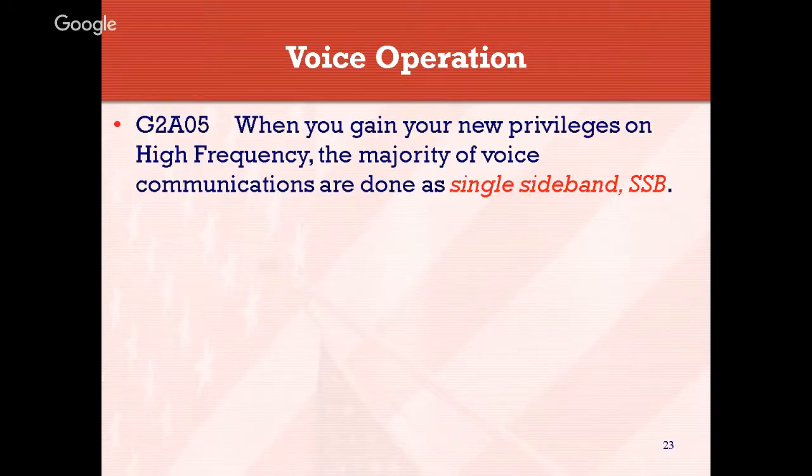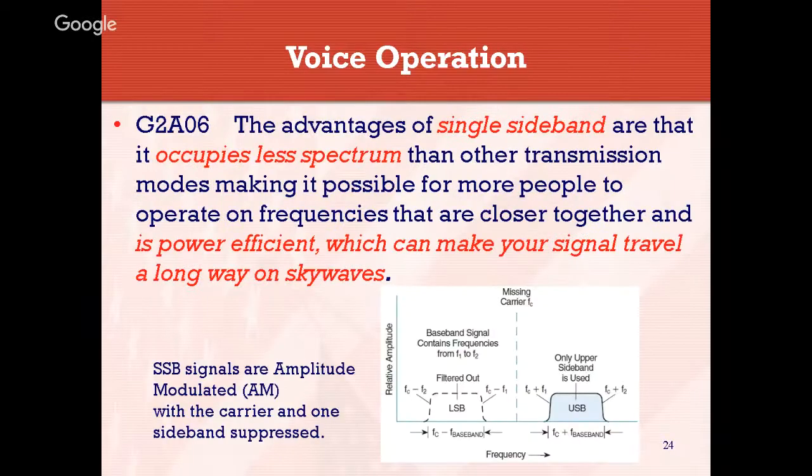All right, when you gain your new privileges on HF, the majority of voice communications are done as single sideband. This is going to be USB or LSB, upper or lower sideband. So the advantages of single sideband are that it occupies less spectrum than other transmission modes, making it possible for more people to operate on frequencies that are closer together, and it is also power efficient, which can make your signal travel much longer on those sky waves.